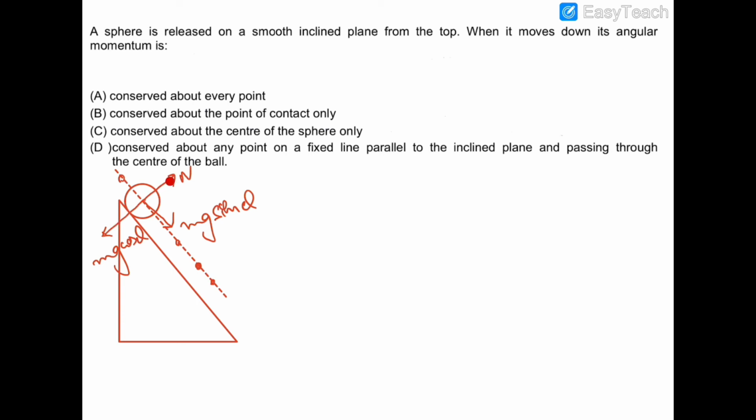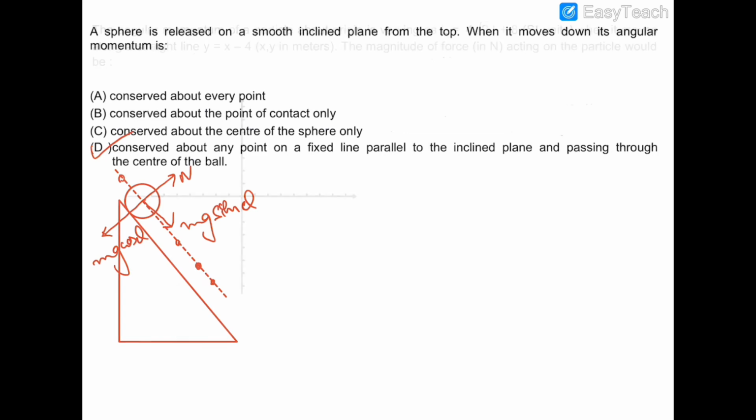Therefore the net force in this direction is 0. So it would not create any torque. So the angular momentum is conserved about any point lying on this line. So the correct answer is option number D.